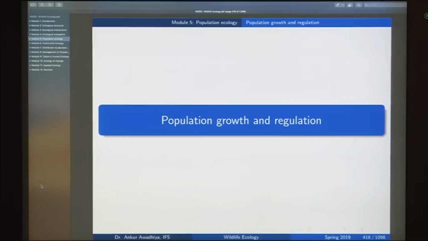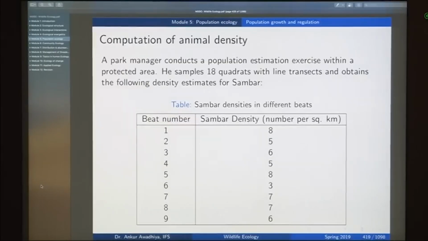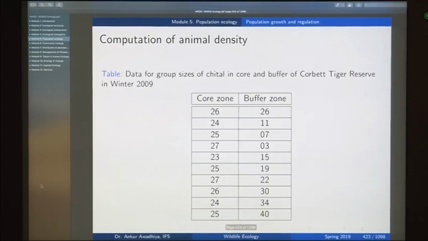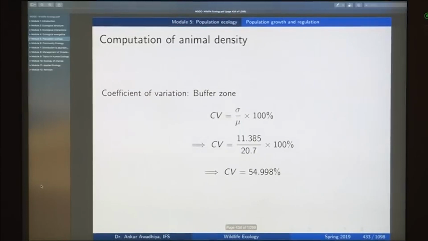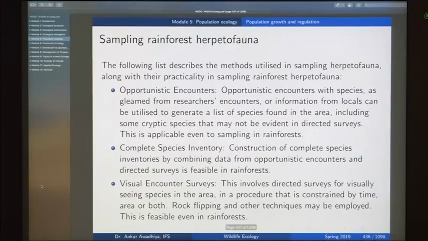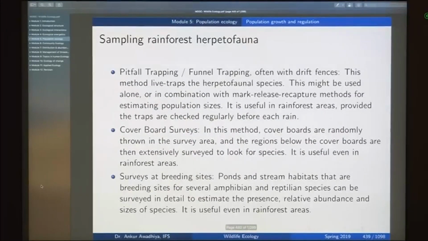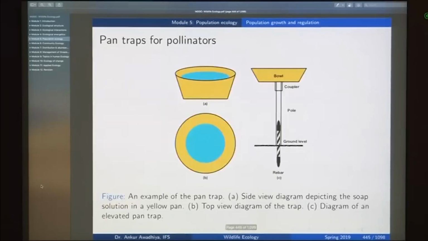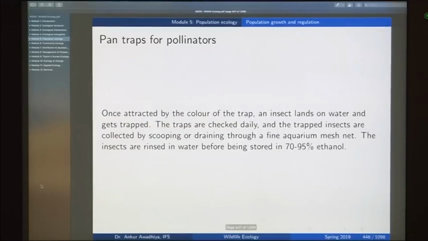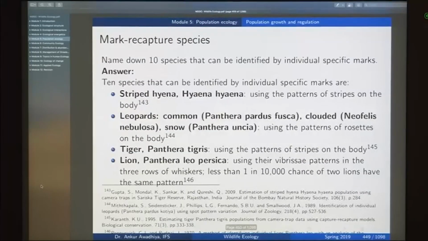Next, we had to look at population growth and regulation. So, we looked at some numerical examples of how to measure the mean population sizes, densities and so on. We also looked at some methods for sampling of rainforest reptiles and small amphibians, and also we looked at some pan traps and their workings.